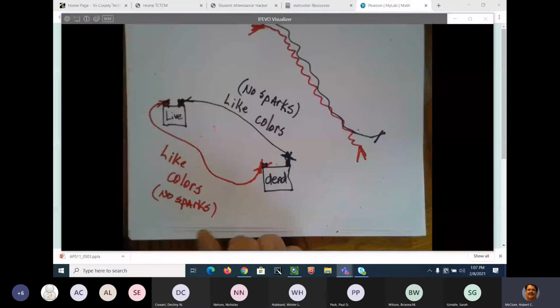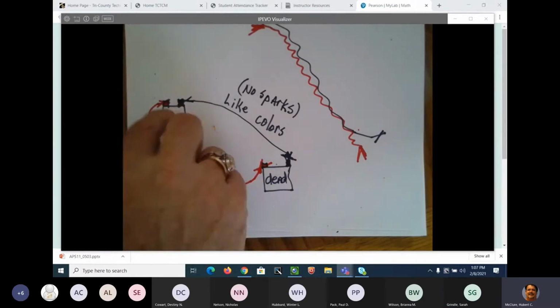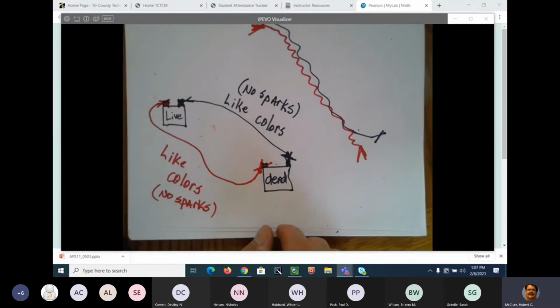All right? But what happens if you were to cross these? It'd blow your battery up, it'd melt the cables, and probably blow your good battery up here also, as well as blow up your alternator, which charges the battery. Okay?